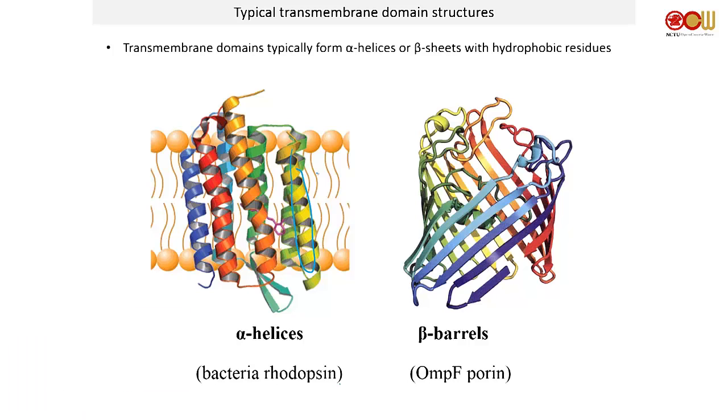On the other side, you have an OmpF porin. Porin is a transporter. What you see is that both of them are transmembrane proteins, but for porin, the structure is made out of a lot of beta sheets. So you have beta strands that essentially make up beta sheets.